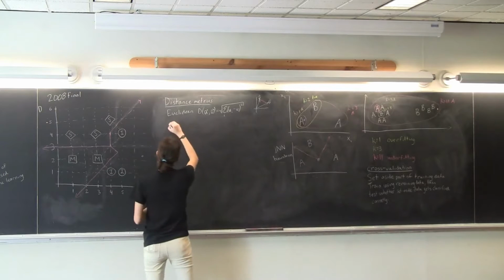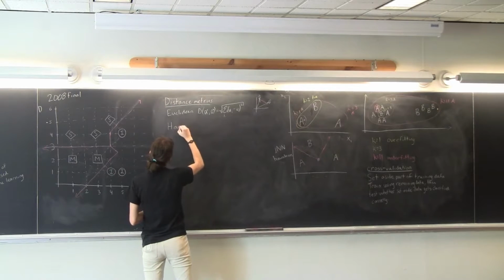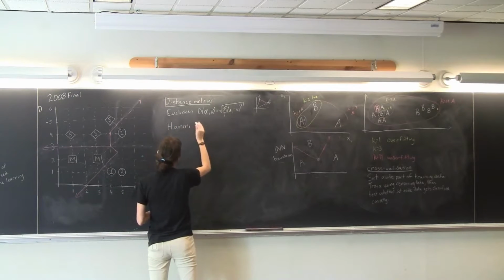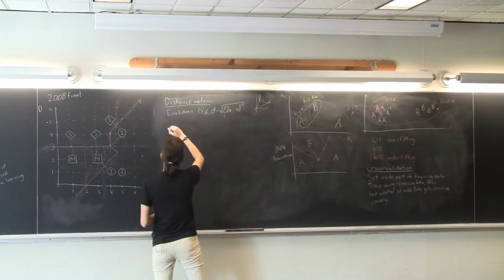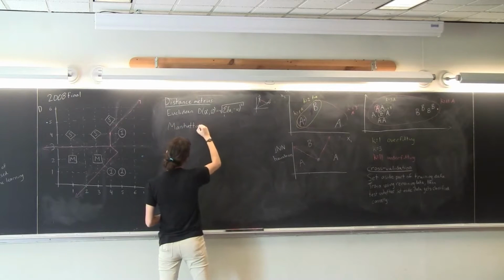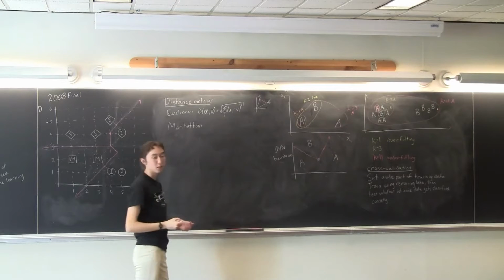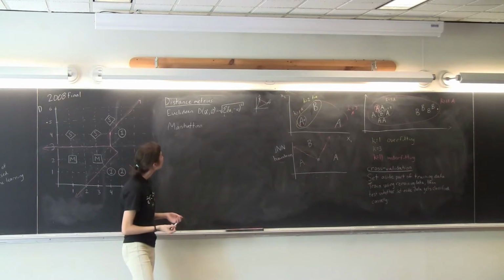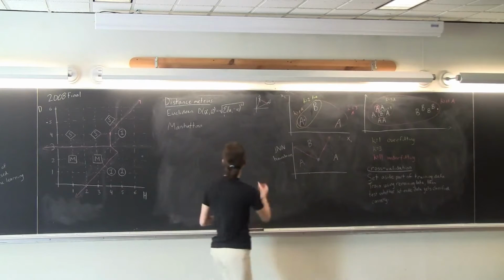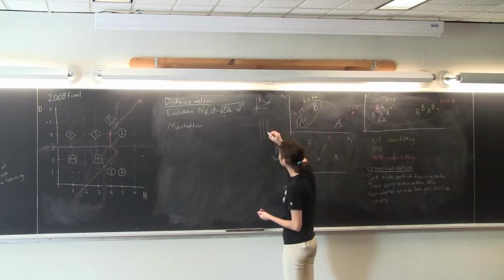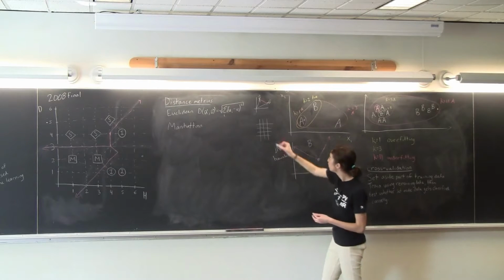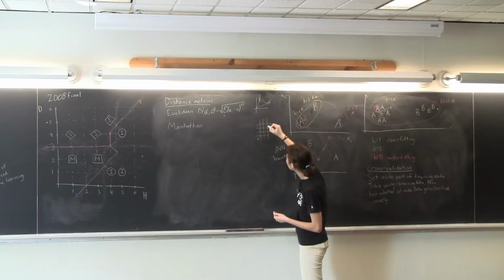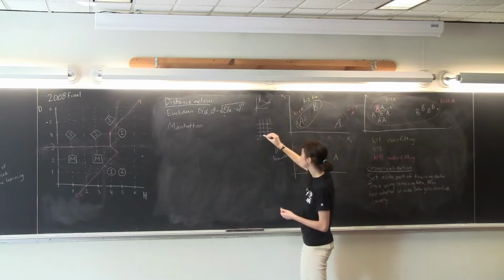So then another similar distance metric is Manhattan distance. Manhattan distance is also known as taxicab distance. And the idea is in the city of Manhattan, all the streets are either north-south or east-west. So if you want to get from some point U over here to some point V over there, you can't go straight there.